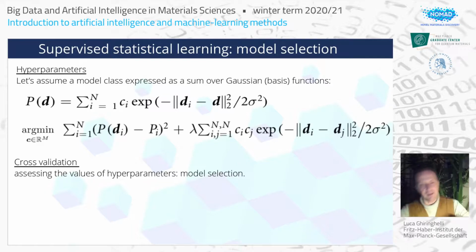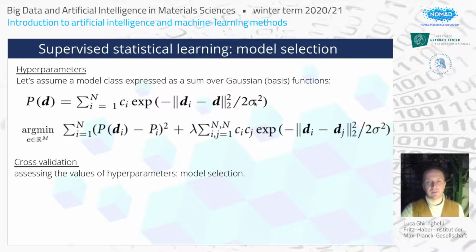I'm being vague. In neural networks, things are not linear at all, but there are some parameters that are fitted by the neural network algorithm itself, and there are other parameters that cannot be fit in the same way. So these are all called, in general, hyperparameters. And as you see here, there are of two kinds. One here is some nonlinear part of our basis function that needs a kind of independent assessment.